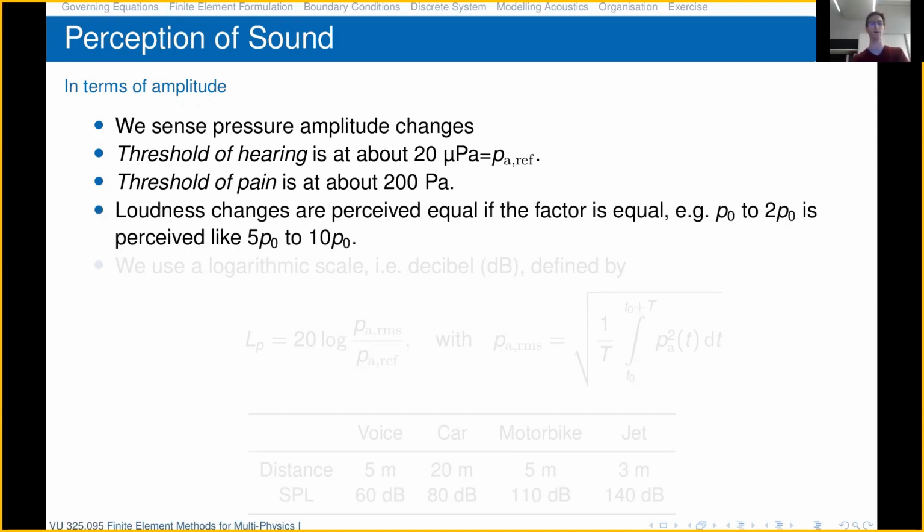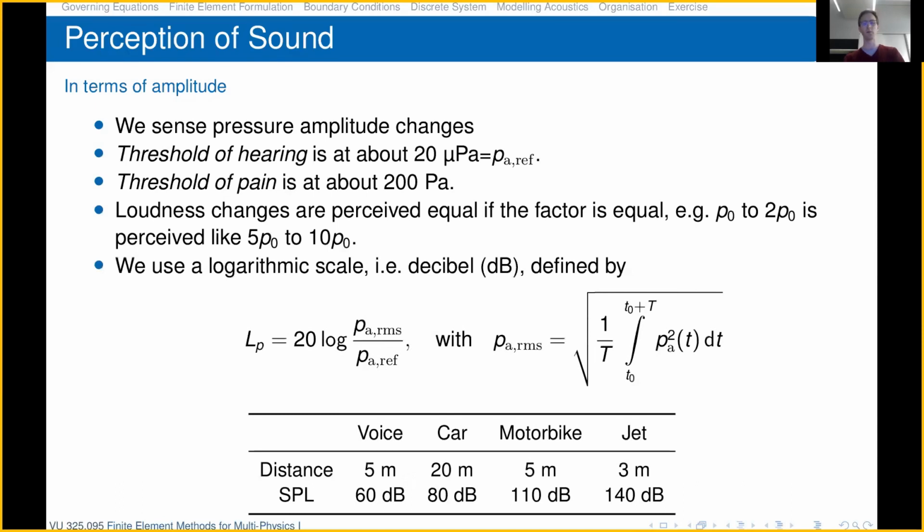Let's see how we perceive loudness changes. The amplitude is called the loudness, and changes are actually perceived as equal if the factor is equal. So if we have a pressure change of P0 and we double the pressure change, that's perceived as equal to an increase from 5 P0 to 10 P0.